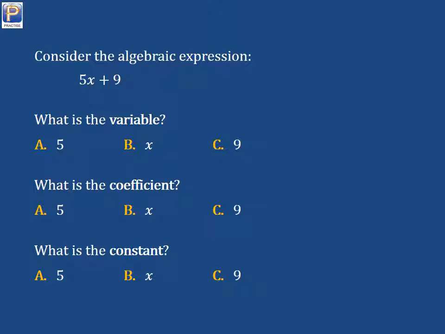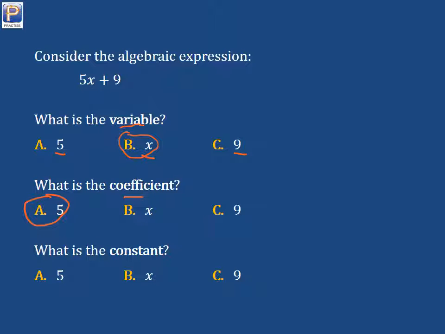Consider this expression: 5x plus 9. What is the variable? The variable is the thing that can change, the thing that we don't know. So that would be the x. The 5 and the 9, we know what they are. The x can change, so it's a variable. The word coefficient means it goes with. So the coefficient is the number that goes with that variable.